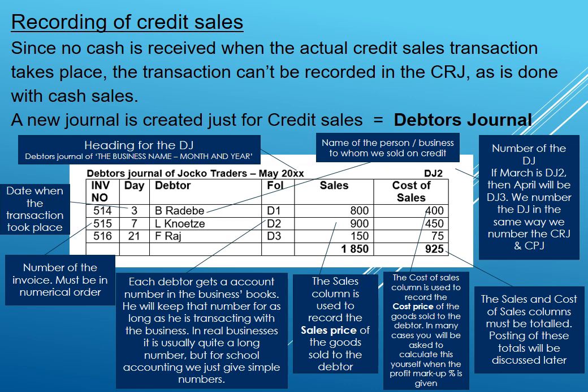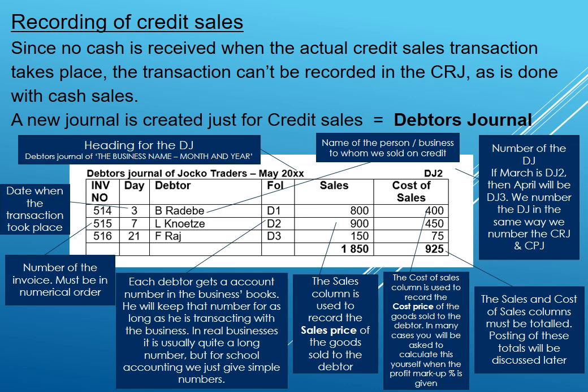You basically just record the day there. The next column is our debtor name column. So there we write down the name of the person or the business to whom we sold the products on credit. So the client's name, basically.